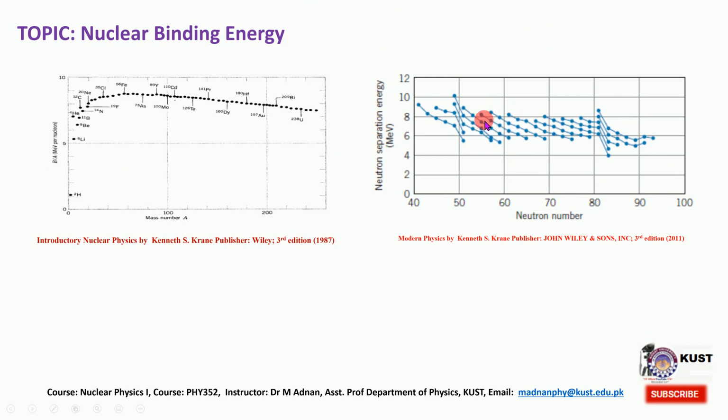So this also gives us a hint of the nuclear shell model. That shell model we will discuss in the later part of this course, but one can see that a slightly changed neutron number will give rise to a change in the separation energy. That is, some orbits are closed and other orbits are not completely filled.